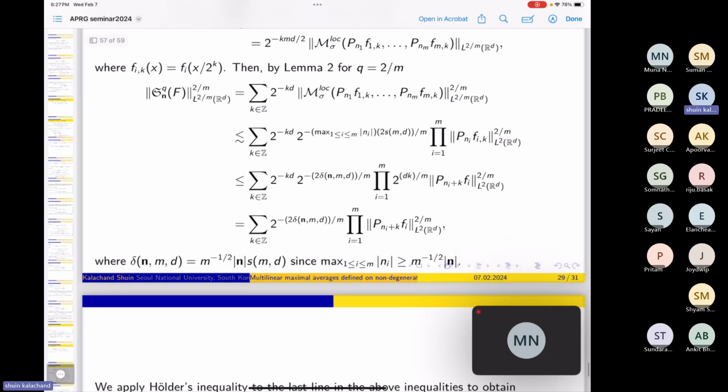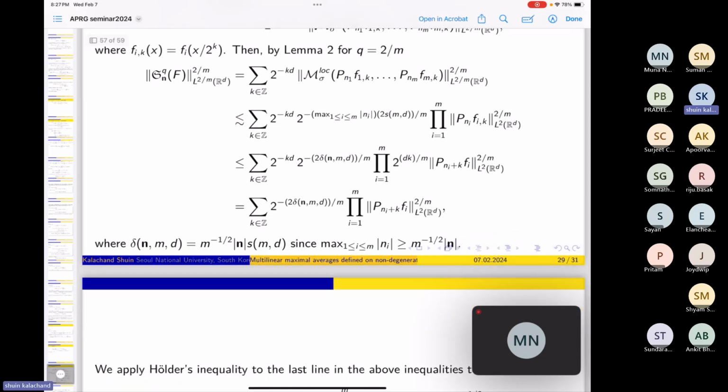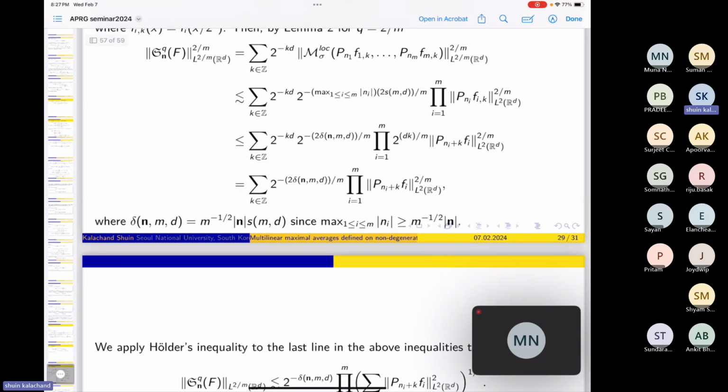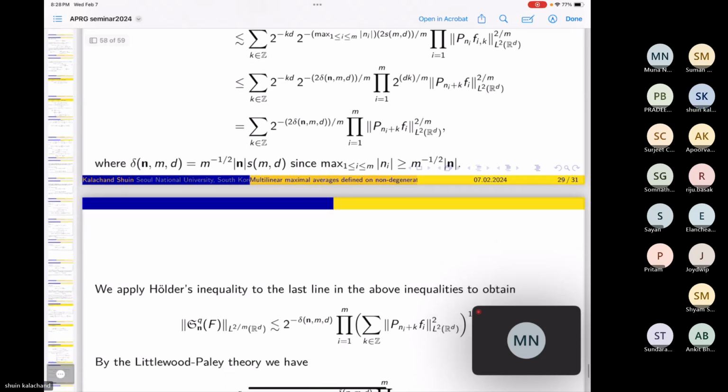Then again we apply the scaling argument to get back this Littlewood-Paley projection operator, P_{n+k}. In order to do that, we get this constant 2 to the power dk/m, which will be cancelled out with 2 to the power minus kd. Therefore, we have the summation over k of 2 to the power of this constant, and then the product of this Littlewood-Paley projection operator.